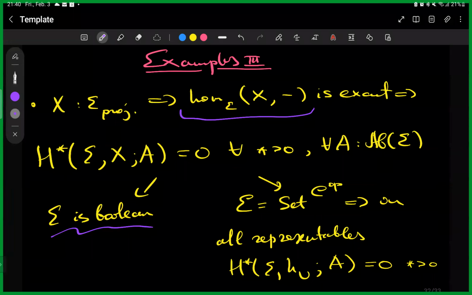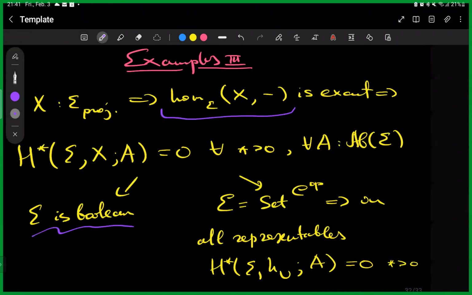And in a sense, this illustrates this idea that cohomology sort of detects some continuous structure on our topos, because both Boolean topoi and presheaf topoi are discrete in a sense. Well, this is, I guess, a philosophical reason why cohomology vanishes in both of these cases.